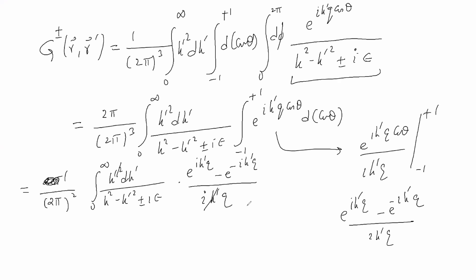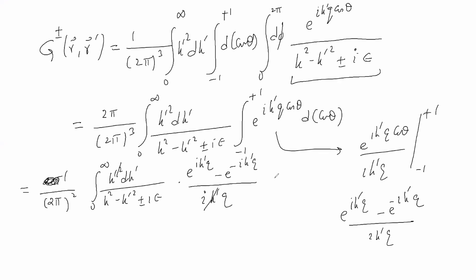Here q is the magnitude, we will take it out, and as you can see we have k' dk' times e to the power i k' q minus e to the power minus i k' q.